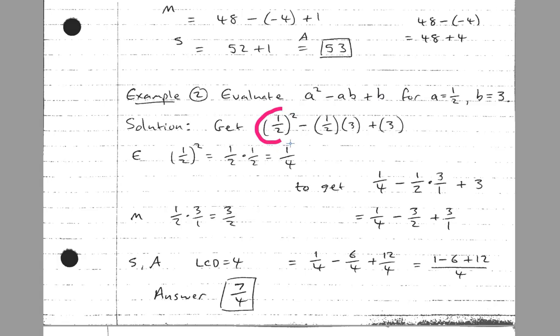So doing this first, we get 1/4, and then minus 1/2 times 3. How do you multiply a fraction by a whole number? Well, just put the whole number over 1. So it's 1/2 times 3/1, and multiply straight across. That's 3/2.